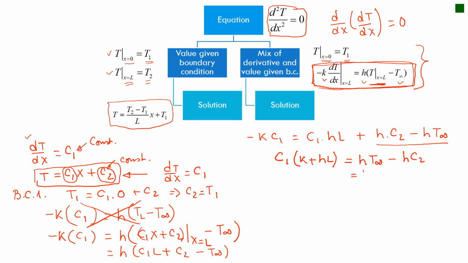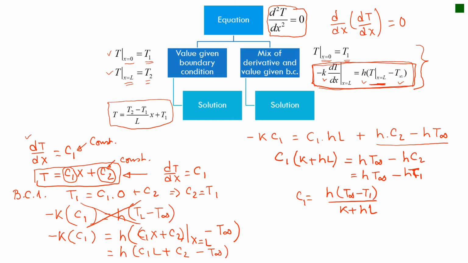Now of course we can put in C2 as T1. Okay, so C1 is h times T infinity minus T1 over k plus hL.